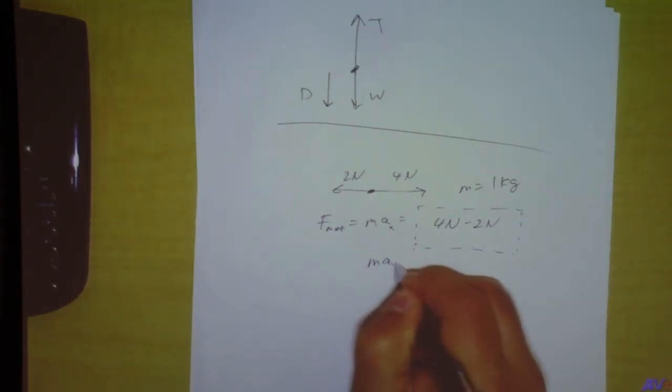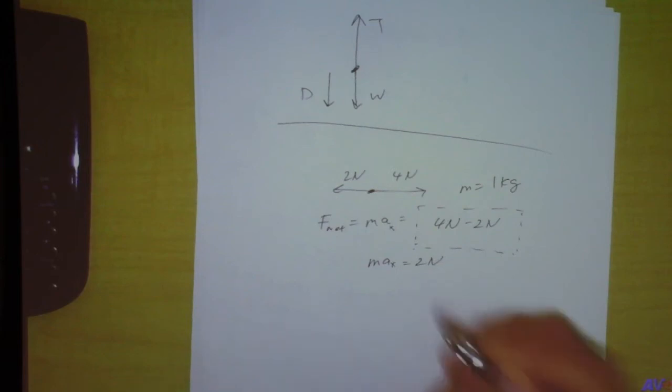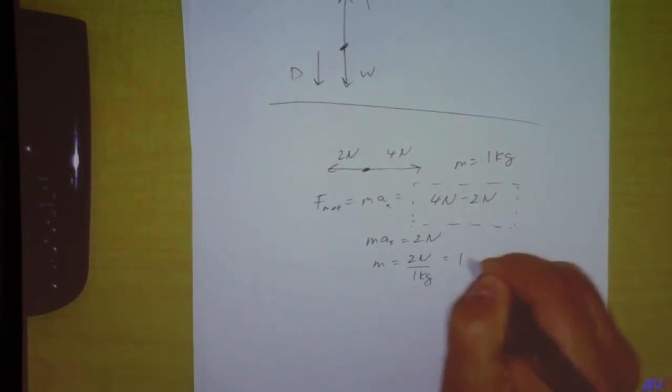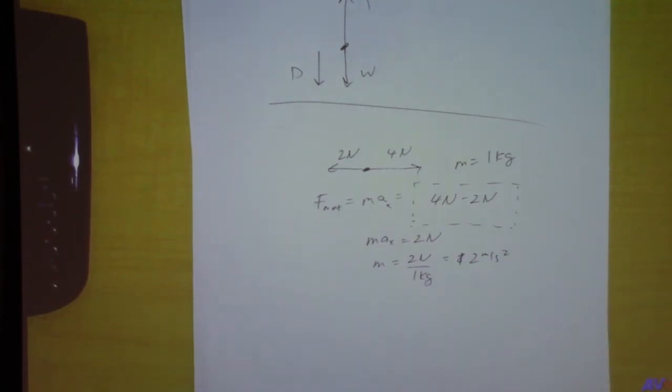So the net force is 2 newtons. And then I can solve for the acceleration: 2 newtons divided by 1 kilogram. So, 2 meters per second squared. Remember, a newton is a kilogram meter per second squared. Kilograms cancel out. Okay? Good.